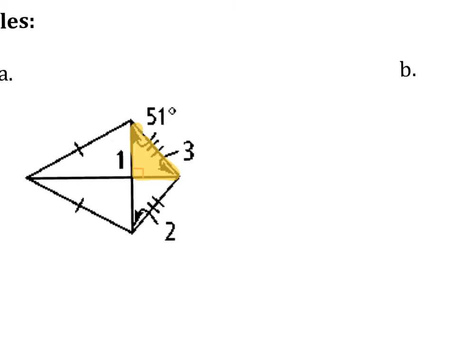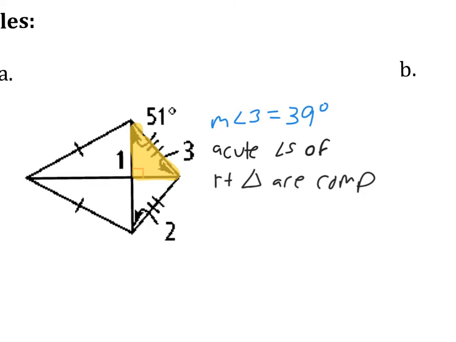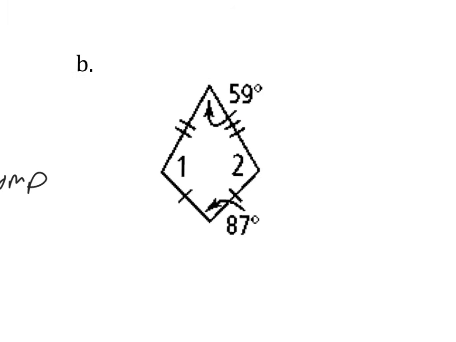The big reason is to find out the measure of angle 3. The measure of angle 3 is equal to 39 degrees. And the reason for that is because acute angles of a right triangle are complementary. All right, of course, how did we know it was a right angle right there? You could have also given that information there.